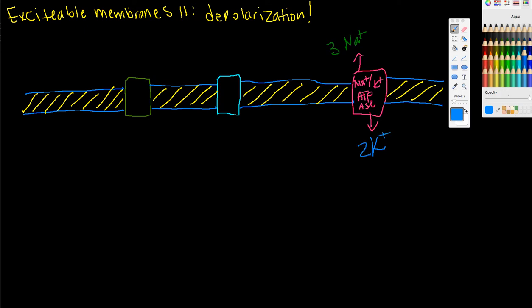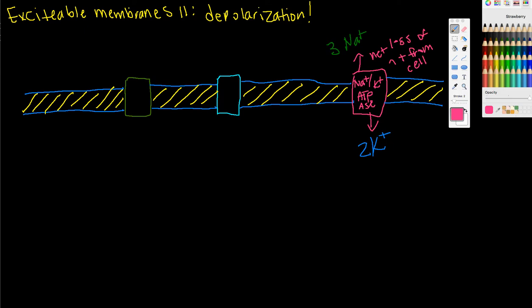So it's kicking 3 sodium out of the cell for every 2 it lets in. So every time this pump acts, we get a net loss of 1 positive charge. So because of that incongruity, the cell is constantly losing 1 more positive charge than it's gaining, which means we get a buildup of positive charge outside of the cell and less inside the cell.